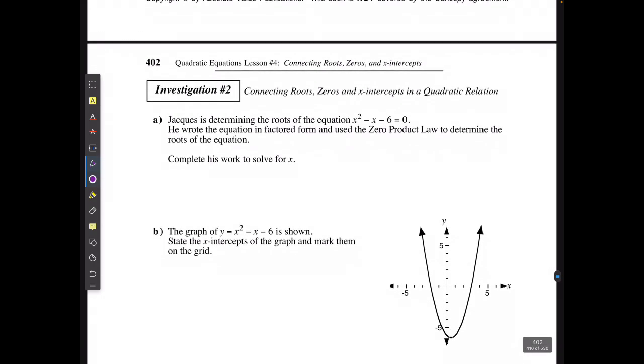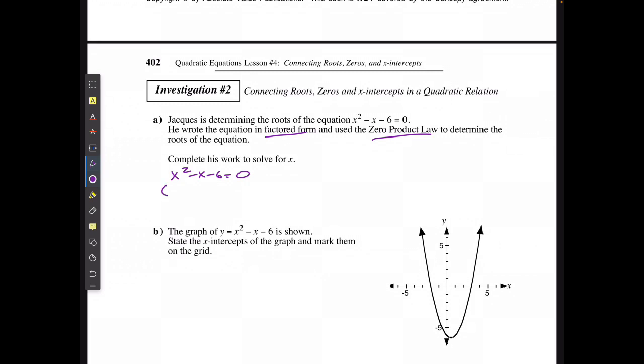For the second example, Jacques is determining the roots of the equation x squared minus x minus 6 is equal to 0. First thing that he did was he wrote the equation in factored form and used the zero product law, which we did in the last lesson, in order to find the roots of the equation. So I'm going to start with x squared minus x minus 6 is equal to 0. I'm going to factor this, and because the a value is 1, I'm going to need two numbers that multiply to make negative 6, but add up to negative 1.